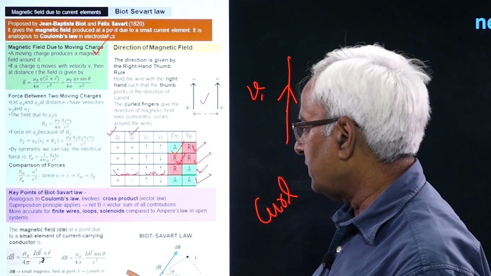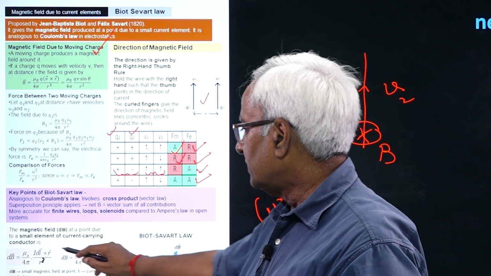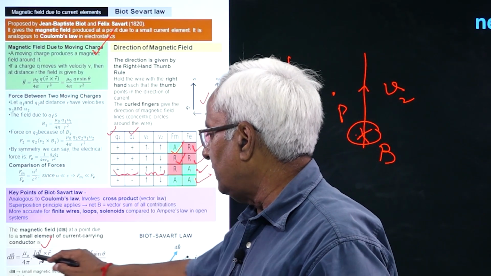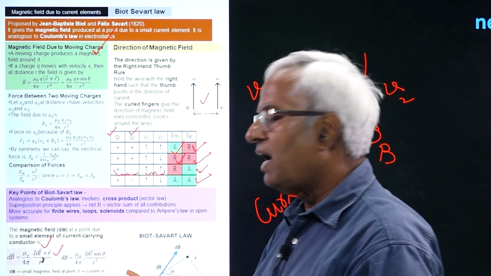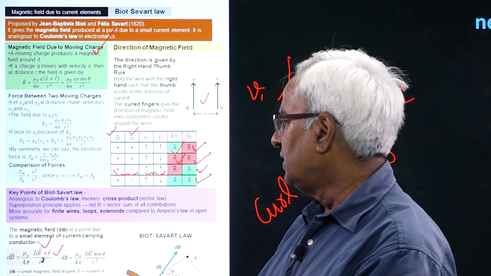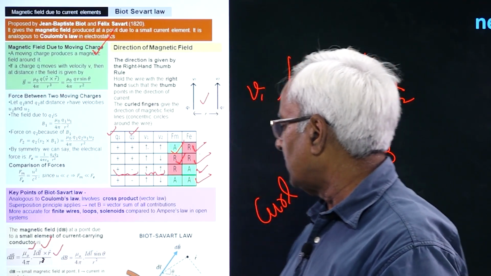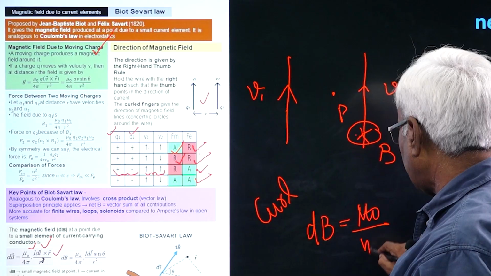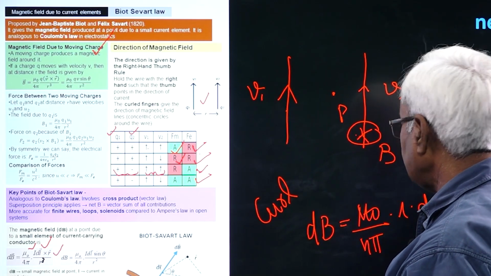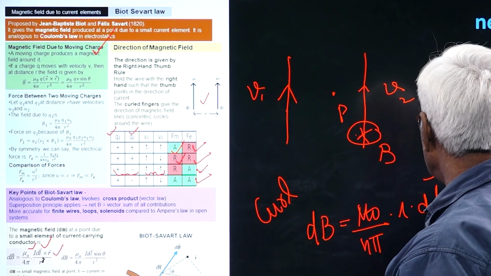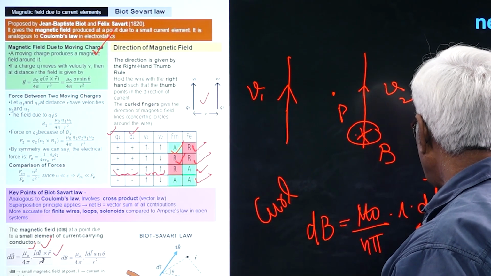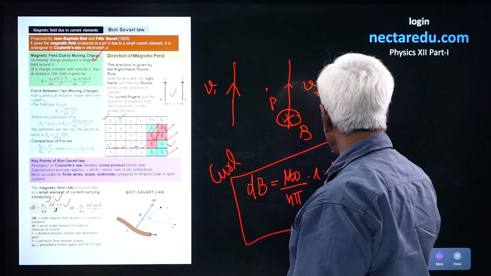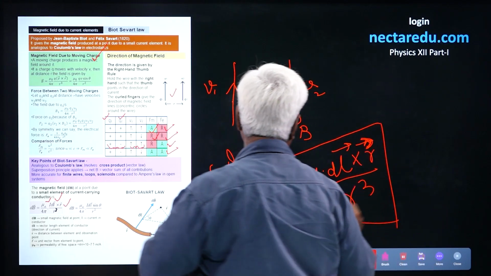When there is a small current element of length dl, shown over here, you want to find the magnetic field at a location given by vector r, and the current flowing is I. In that case, the magnetic field is going to be mu naught upon 4 pi, I dl cross r upon r cube.